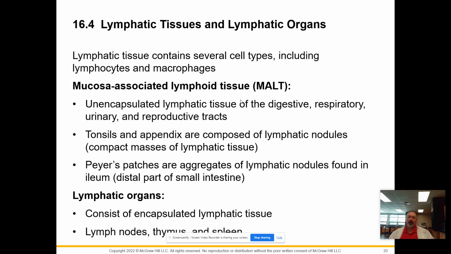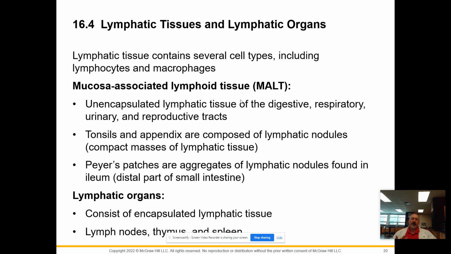So unencapsulated means they are not enclosed. Encapsulated would be they are enclosed. So you have unencapsulated lymphatic tissue in areas like the digestive, respiratory, urinary, and reproductive tracts. The tonsils and appendix are composed of lymphatic nodules. And there's an area in the digestive region called Peyer's patches.